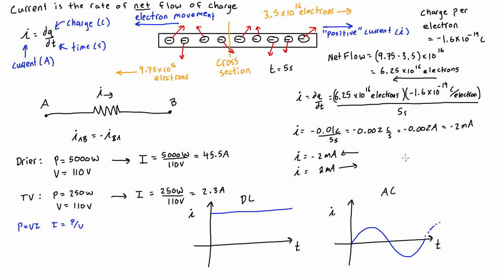But for either one, the expression for current is the same: i is equal to dq/dt. We can rearrange this by multiplying both sides by dt, so dq is equal to i dt. Then if we integrate both sides, we're left with q equal to the time integral from t1 to t2 of the current, which is a function of time, dt.